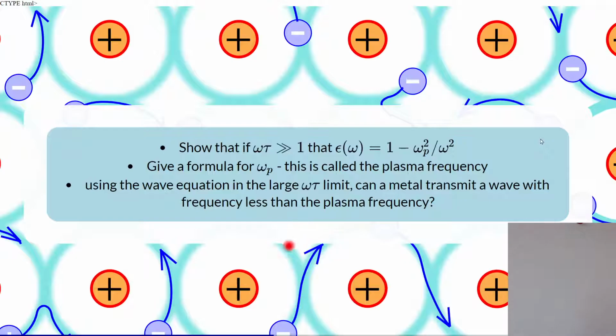Essentially, the important points about this model are that below something called the plasma frequency, metal absorbs light very strongly, which also causes it to reflect and to be shiny.